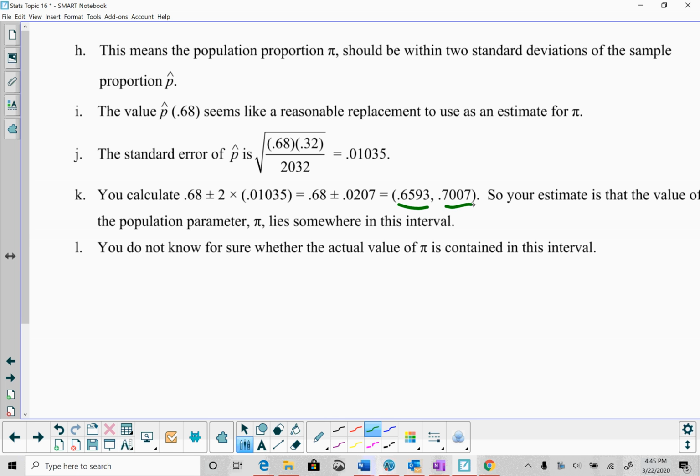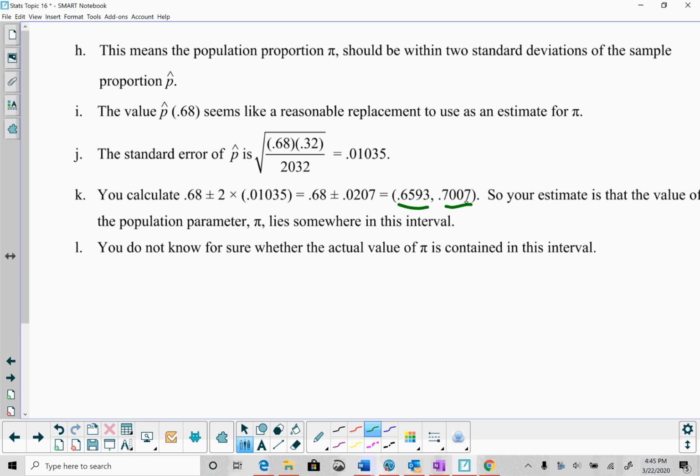We'll take the 0.68 and subtract the two standard errors, subtract 0.0207, and come up with 0.6593. That is a confidence interval. It's a range of numbers where we're reasonably confident the actual population parameter pi is somewhere in between those two numbers.